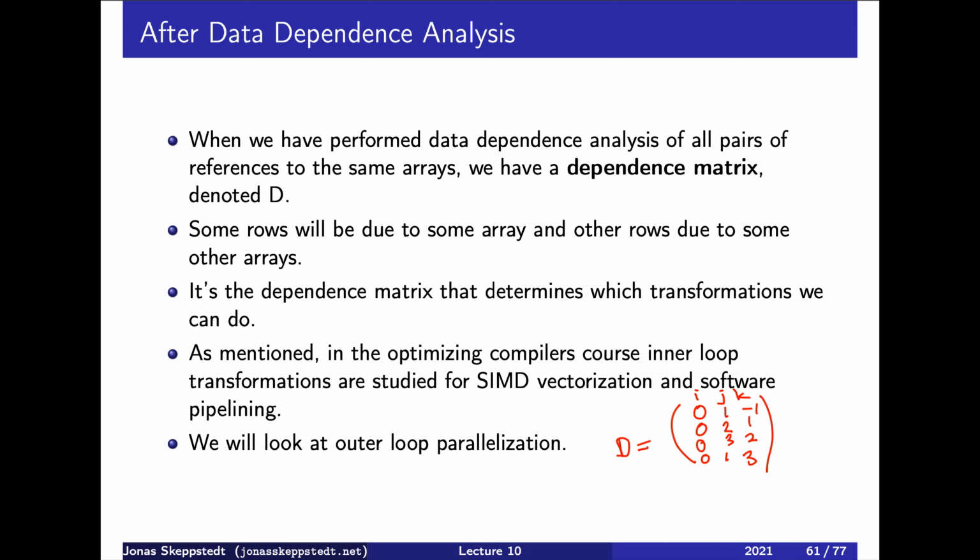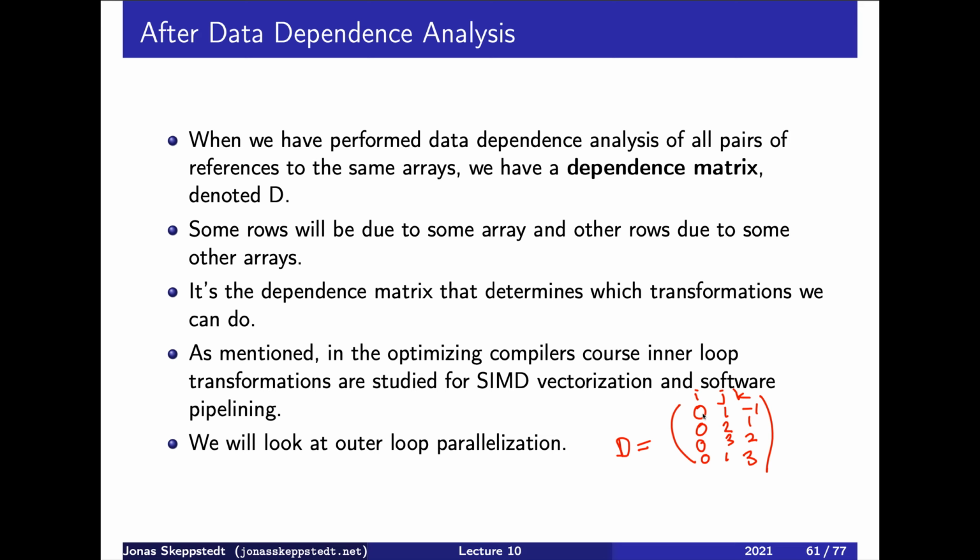That means the compiler can be happy with the loops as they are and simply let the outer loop with I be run in parallel. So then there is no need for any transformation of the loop iterations. But it's not always so nice.